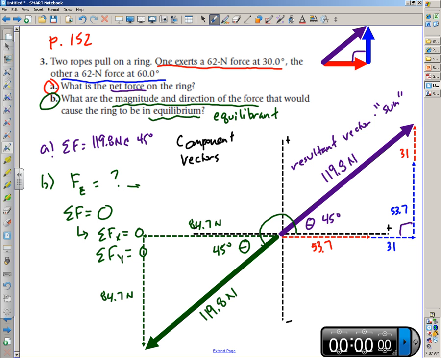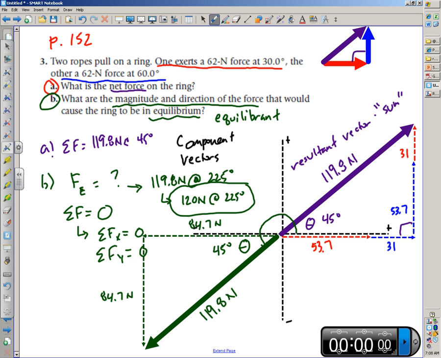So the equilibrant force, remember we said the force required to cause equilibrium, would be 119.8 newtons at an angle of 225 degrees if we measure from the positive x-axis, or once again, sig digs, 120 newtons at 225 degrees.